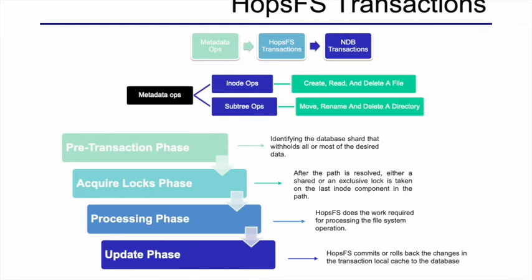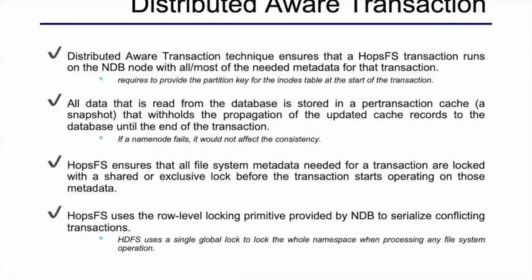Every HopsFS transaction runs in 4 phases: pre-transaction phase, lock acquire phase, transaction processing phase, and final phase to commit or roll back the transaction. We'll go through these phases by giving an example. Before going through the example, we must know that HopsFS uses the distribution-aware transaction feature provided by NDB to ensure the locality of HopsFS transactions.